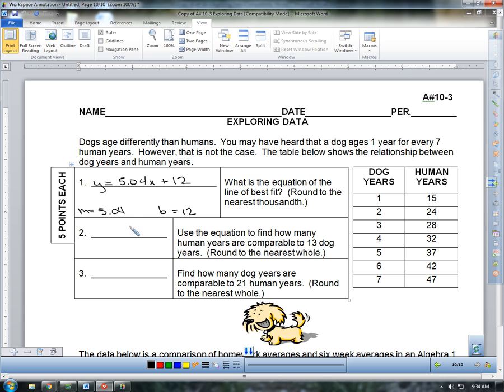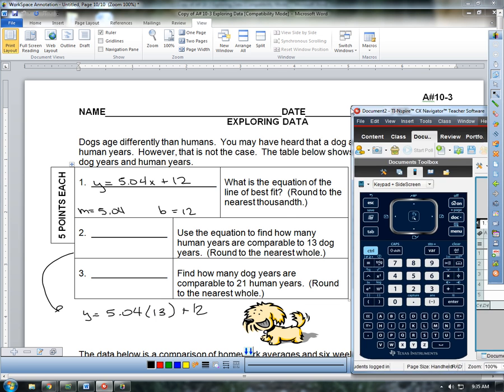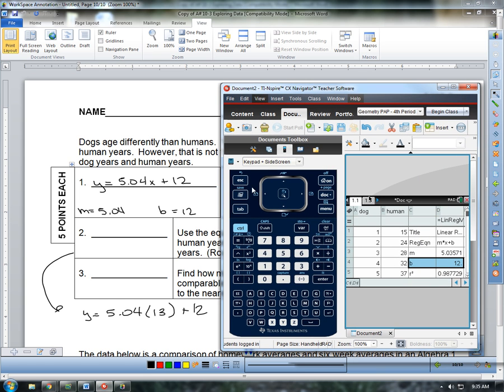It says use the equation to find out how many human years are compared to 13 dog years. So if you've got a dog that is 13 years old, this is what you're going to type into your calculator. You're going to say y equals 5.04 times 13 plus 12. Okay? So if I type that into my calculator, anytime you're in spreadsheet and you need to get to a calculator, there's a little calculator button here.